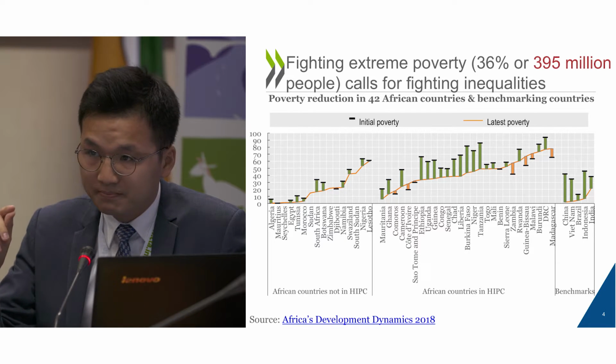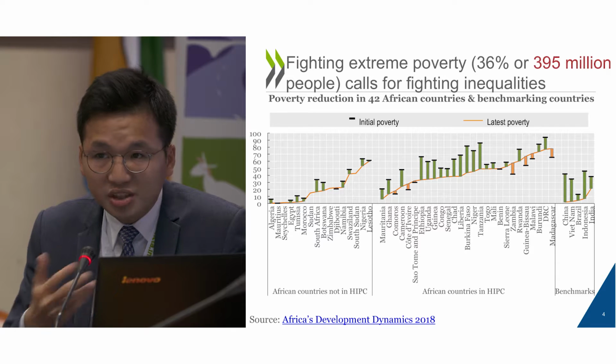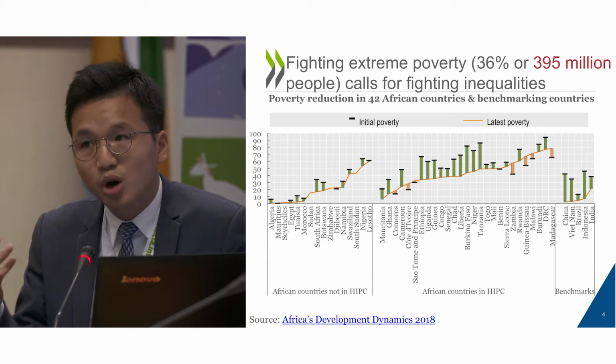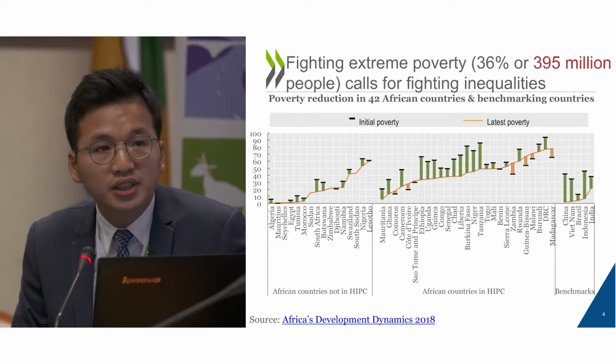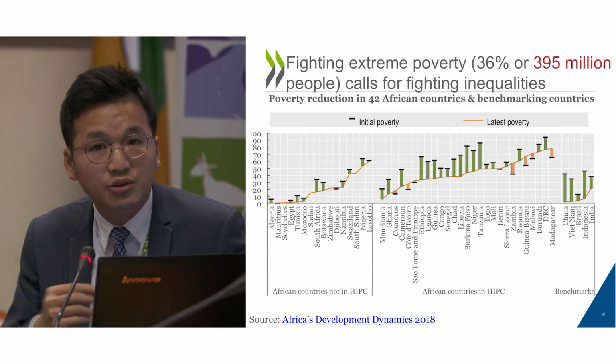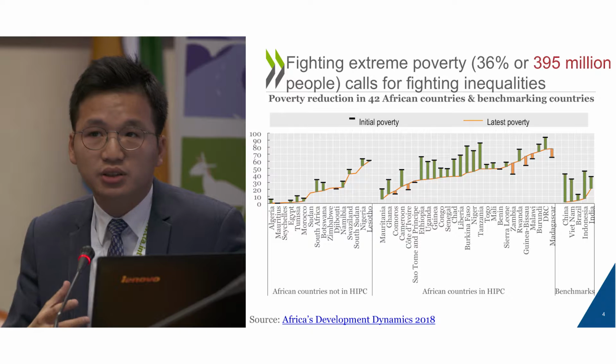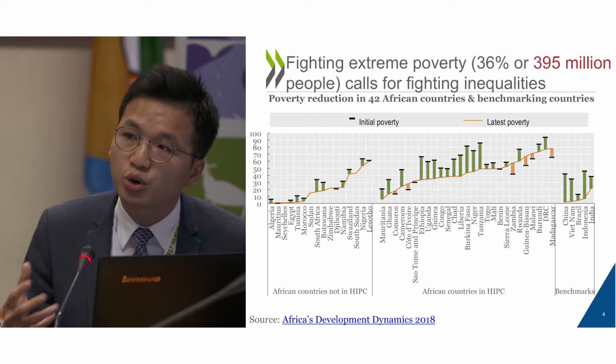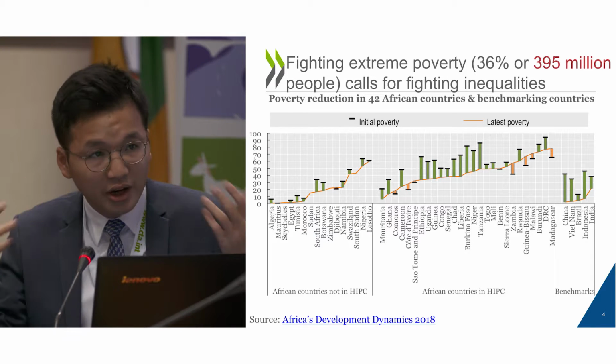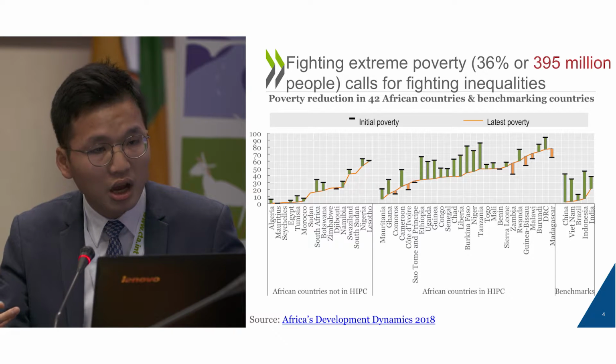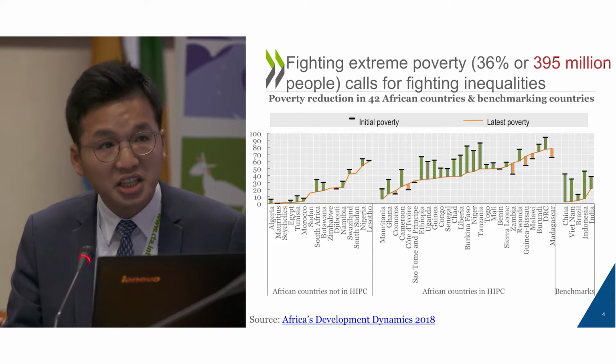It's the total number. Also, as I mentioned, most countries that have reduced poverty the most are those that benefited from the HIPC program, the debt relief that allowed countries to have the fiscal space to spend on education, health, and other poverty reduction initiatives.